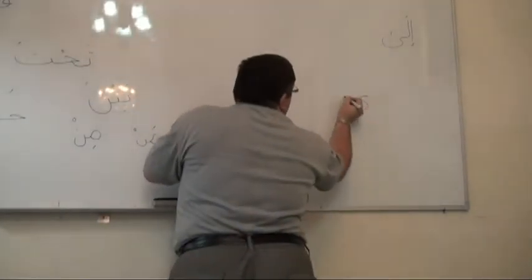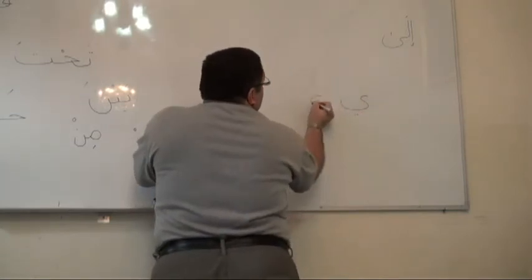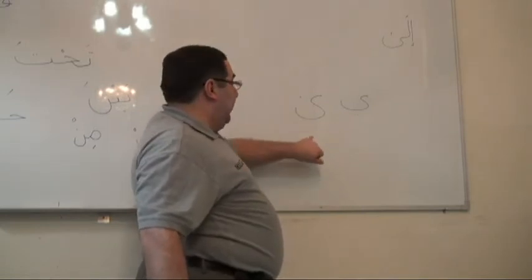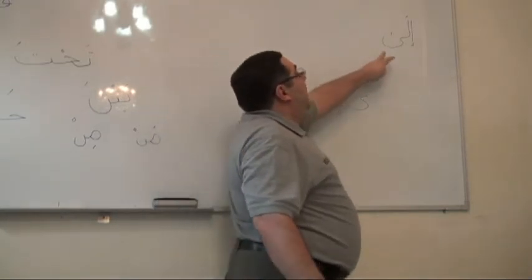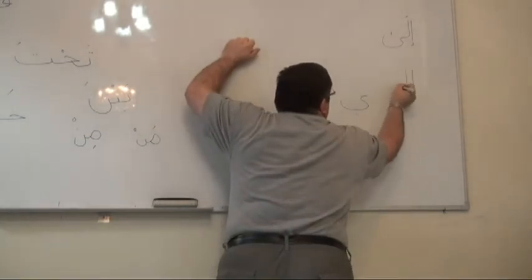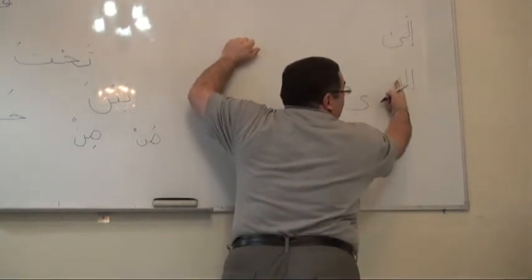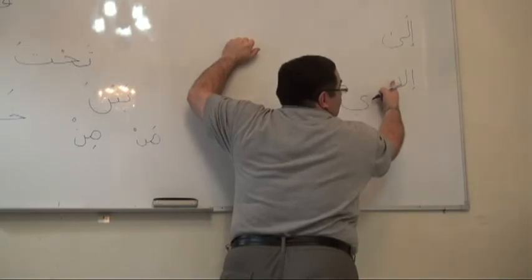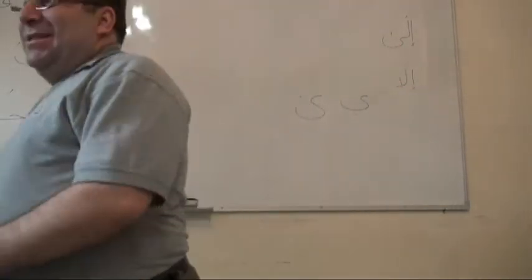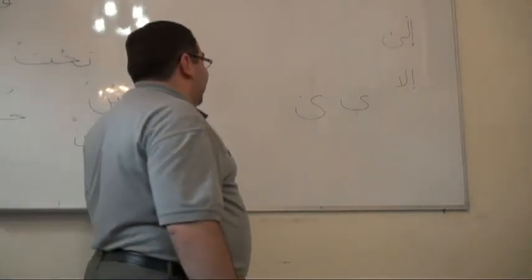This is ya and this is alif. One way of writing alif is this. But why we write alif like this here in this word? Why we don't write it like this? Just remember it as it is. Okay, there is no answer for this.